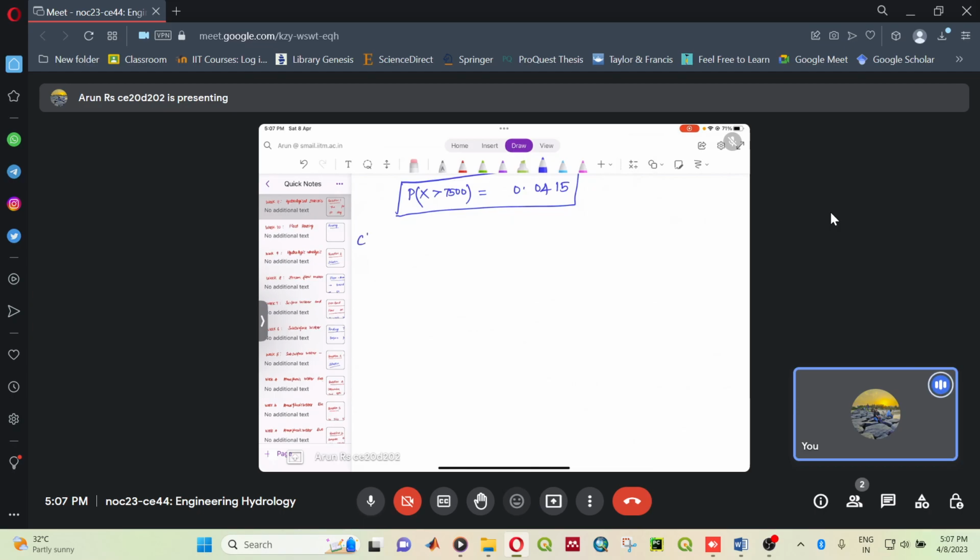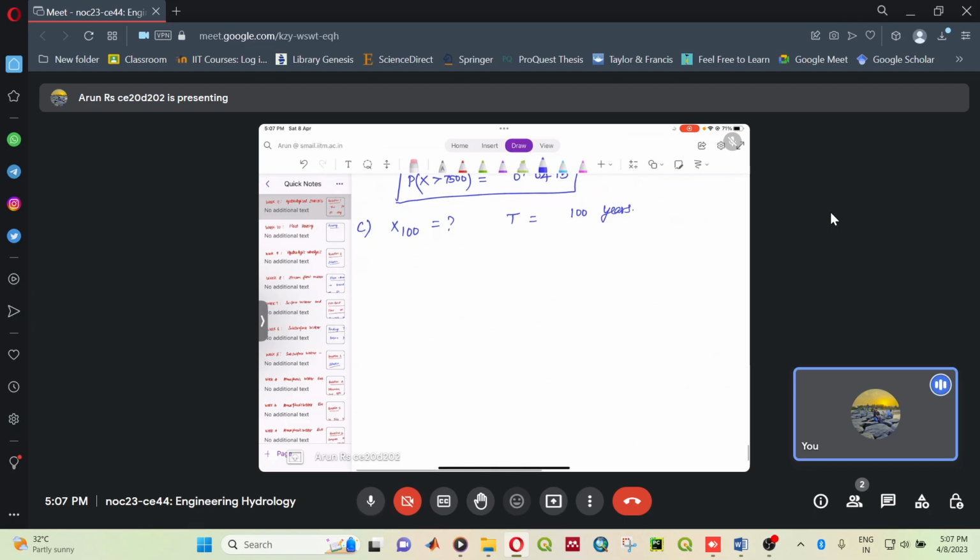The part C of the question, we need to find out what is the x value corresponding to a 100-year return period. The return period is given as 100 years.